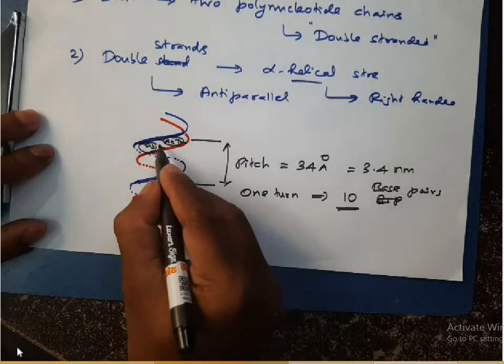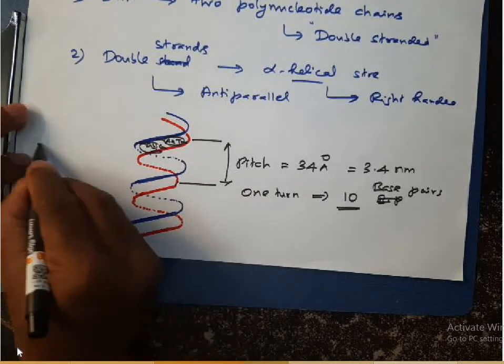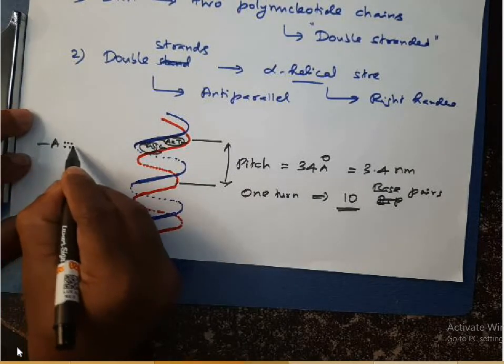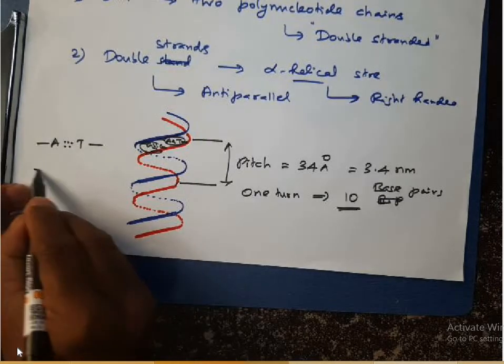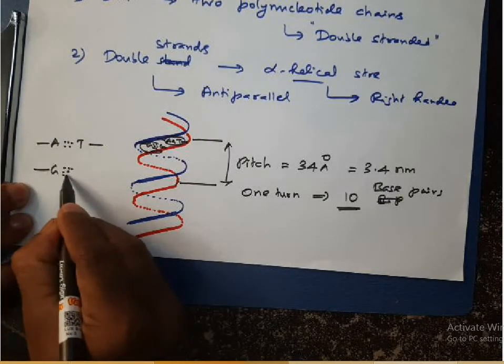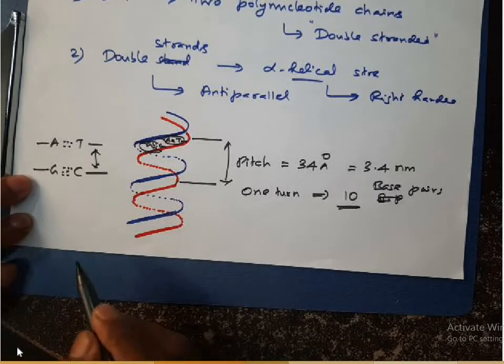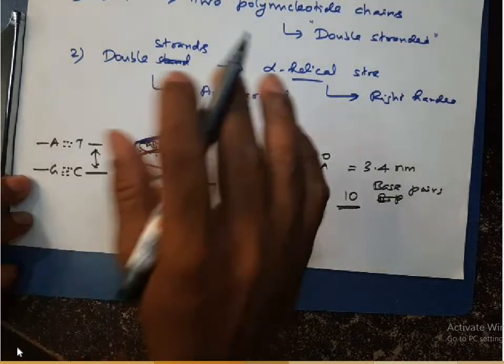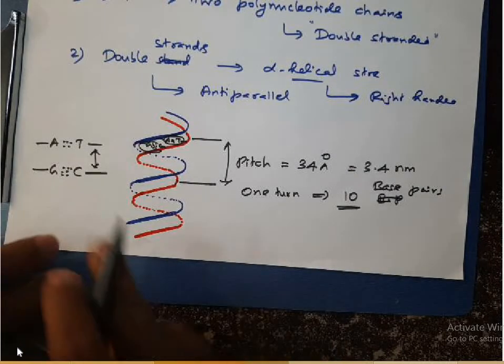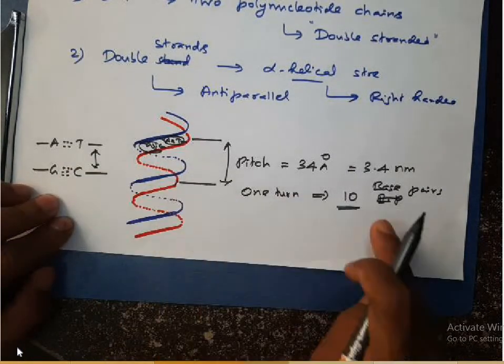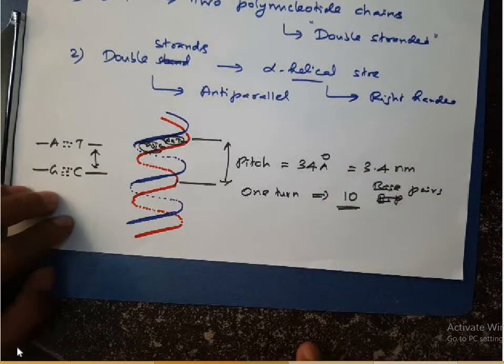Then what is the distance between two base pairs? Suppose I have a base pair here, and assume that this is the adjacent base pair. What is the distance between two adjacent base pairs in DNA? For 10 base pairs, the length is 3.4 nanometers.